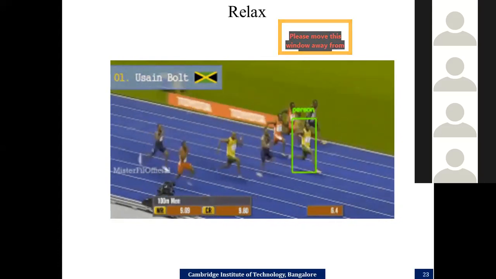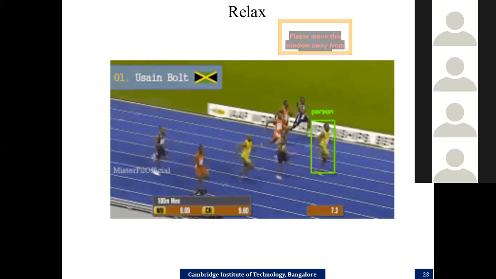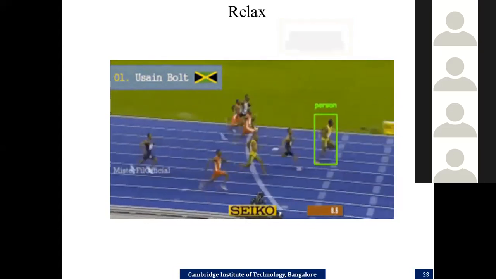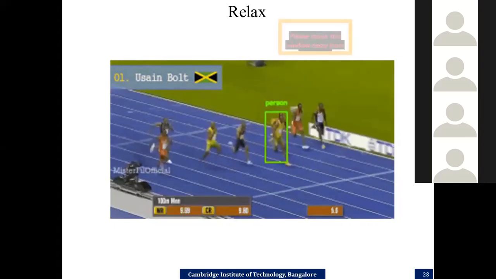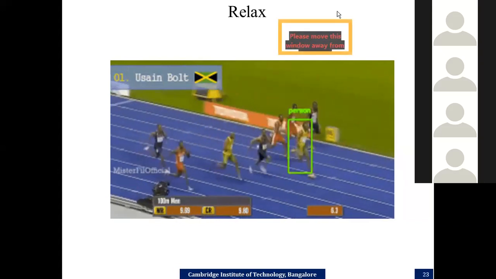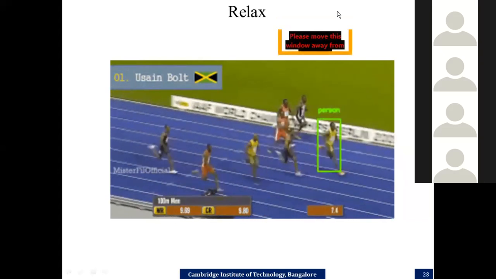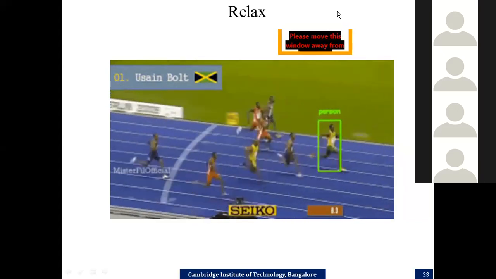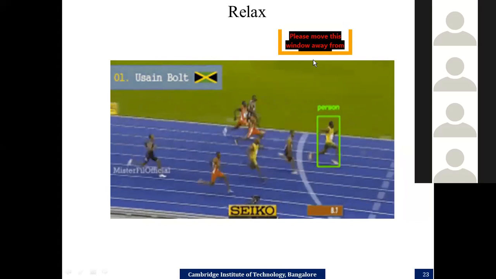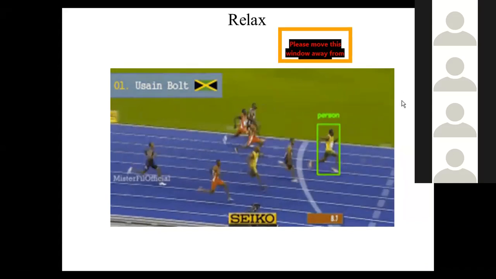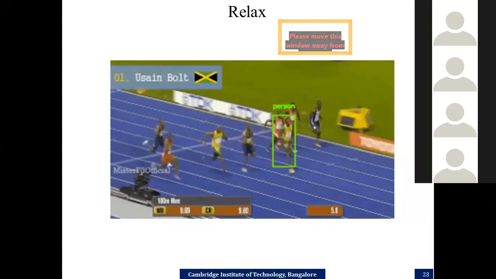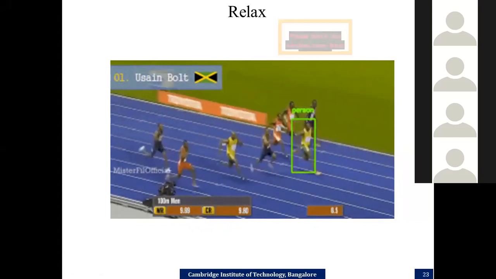Just give me a very general answer. Crossing the line. Okay, good. Anybody else? Speed, sir. Speed, yeah, good. Increased speed. We are trying to track the person running. Labeling. Okay, good.